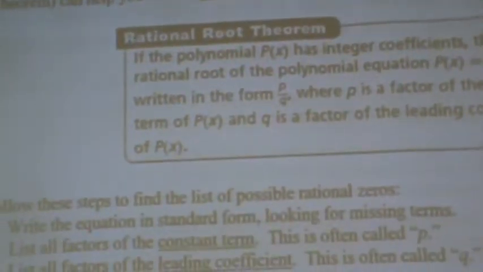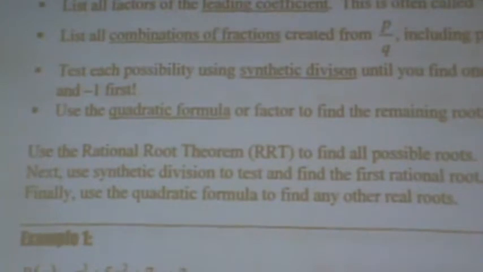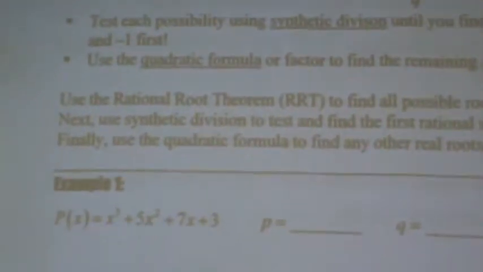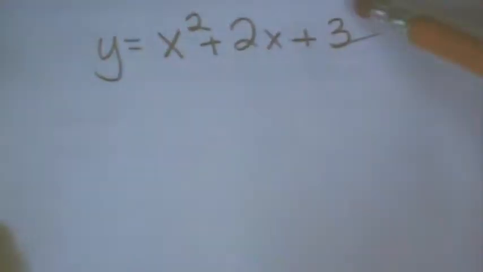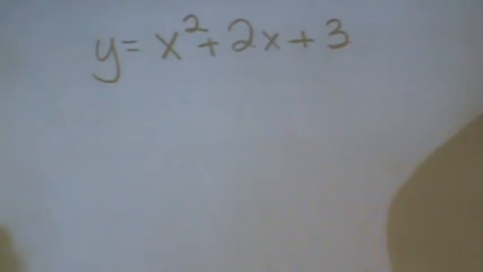All right, now we're going to start talking about how to find all of the zeros of a polynomial. Now, if the problem was x squared, something like this, and I asked you to find the zeros.